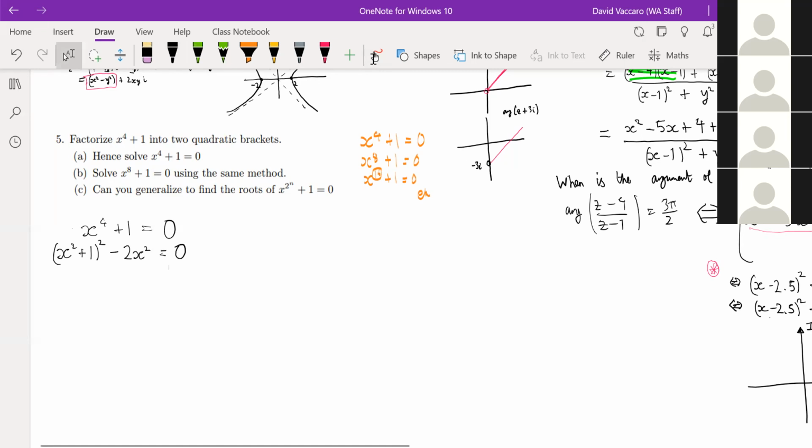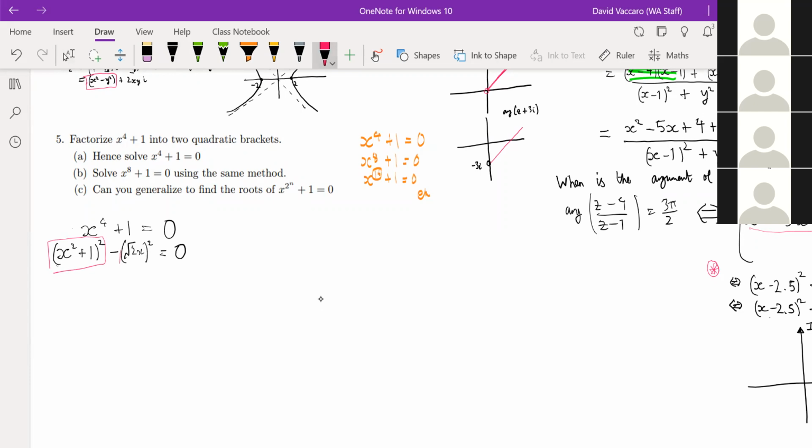Why is this useful? What factorization can we do now? Well, this is a square. 2x squared is the same as root 2 x all squared.